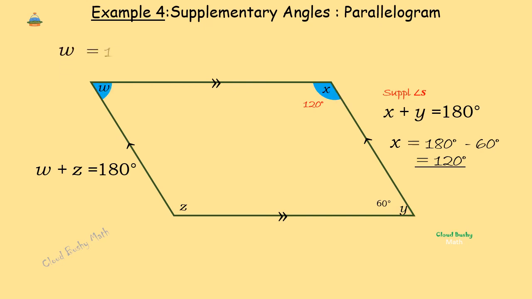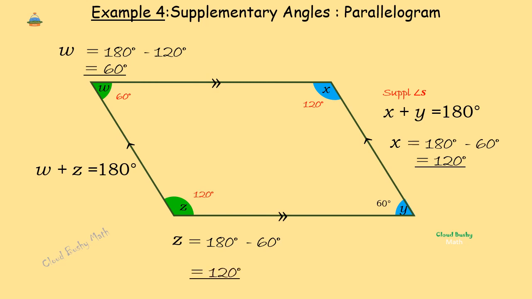W is equal to 180 minus 120, that is 60 degrees. Otherwise, Z is 180 minus 60, that is 120 degrees. Yes, that is correct, because we know opposite angles in a parallelogram must be equal.